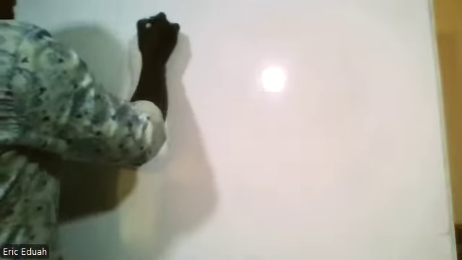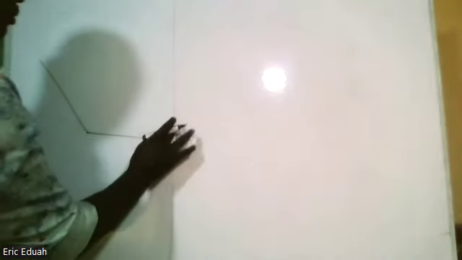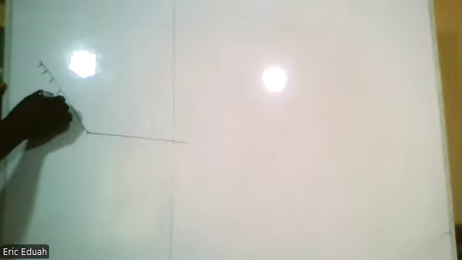So we have two mirrors. Mirror 1, the drawing is very, very important, and then mirror 2. They are mirrors, so one end is coated.